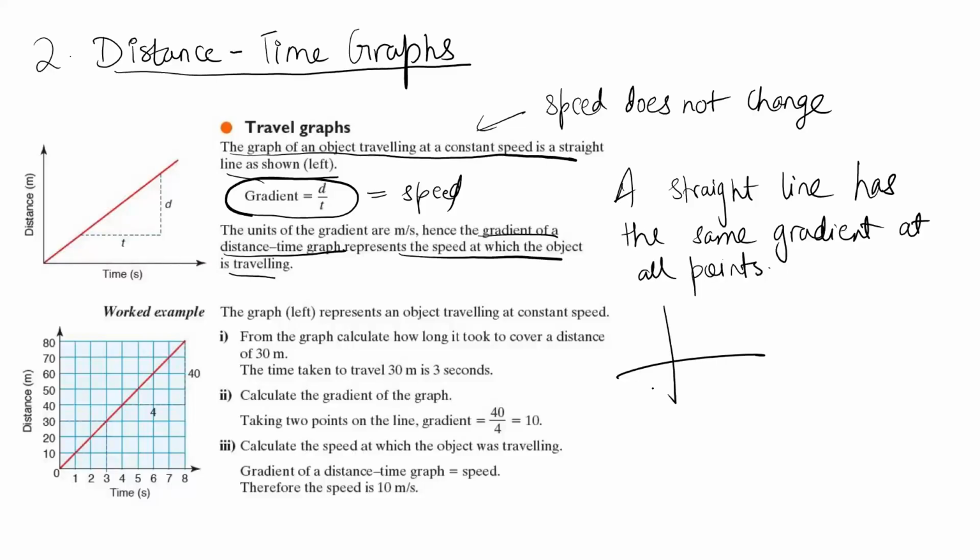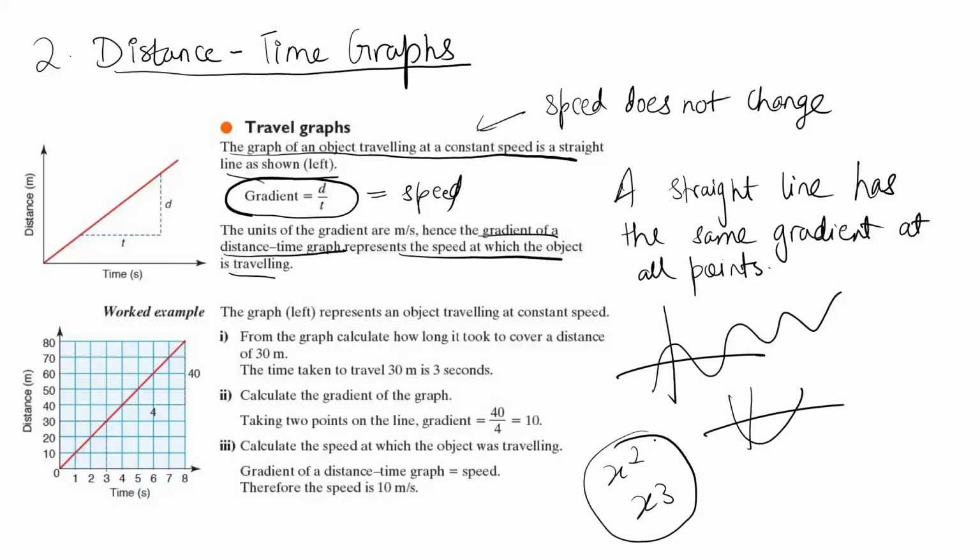You can have weird graphs like this, or like this. These kinds of graphs are possible if you try to graph something like x squared or x cubed. If you put y equals x squared or y equals x cubed in a graph, you'll get weird graphs, and those graphs do not have constant slope.